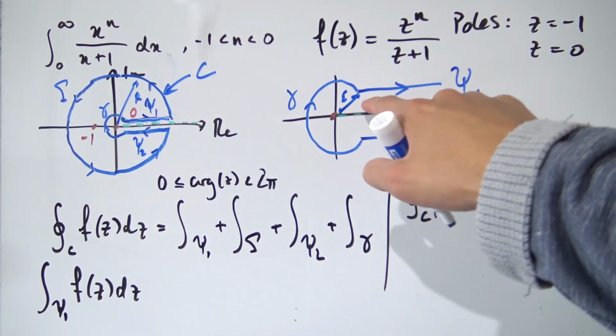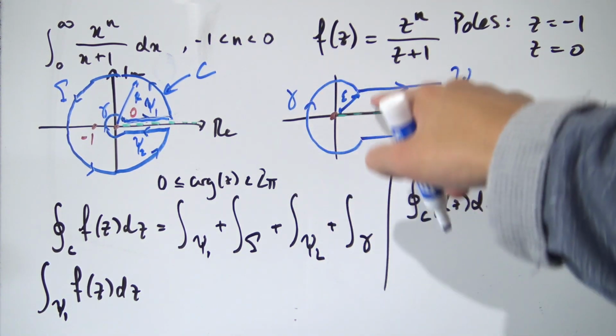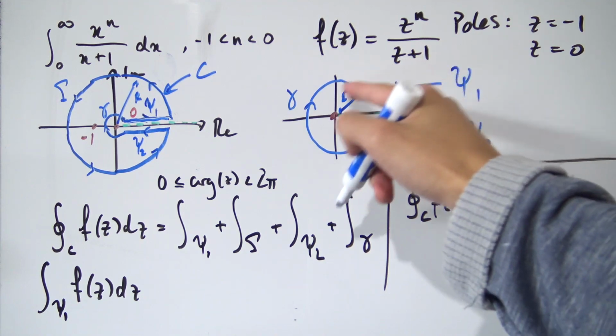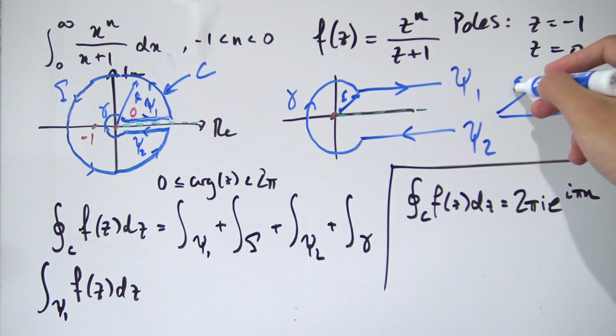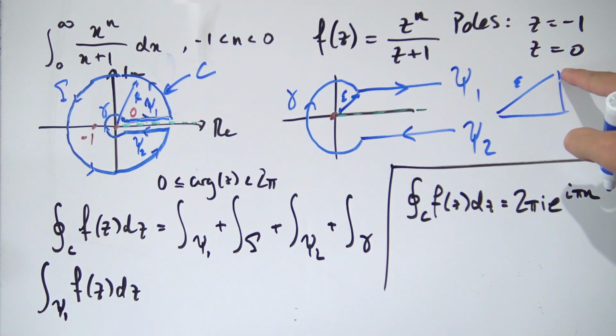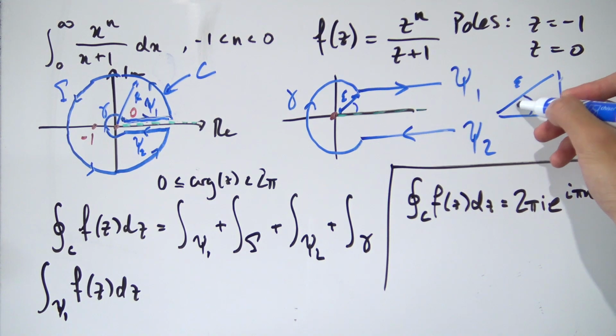Notice that it starts at this little point right here, and that point lies on a circle. If we zoom into this area a little bit, we get a picture that looks like this. We have this radius of epsilon, and we're going to introduce a new angle, let's call it delta.